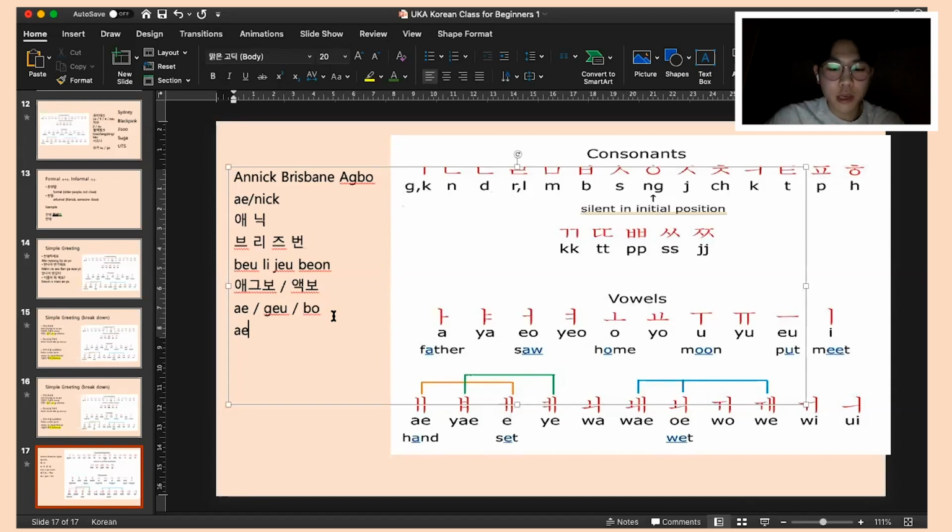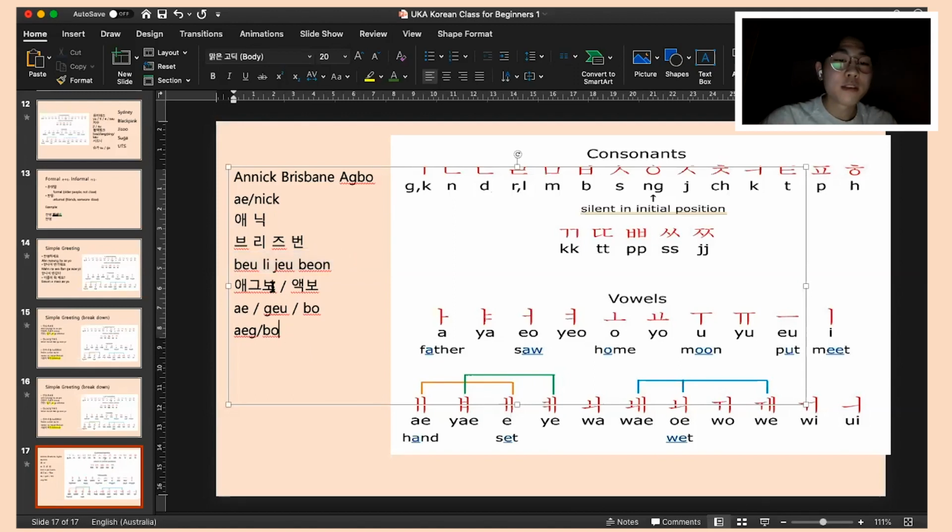Or you can do egg. So, Anik Purijubon Egbo would be your name.